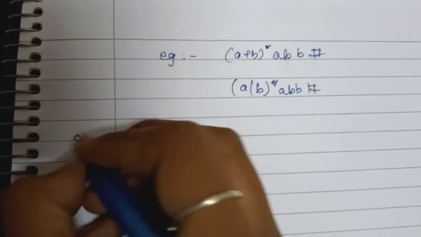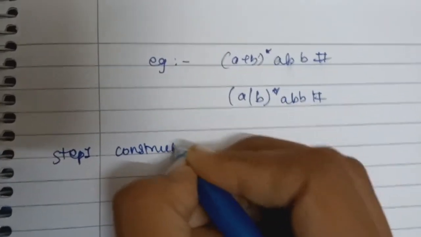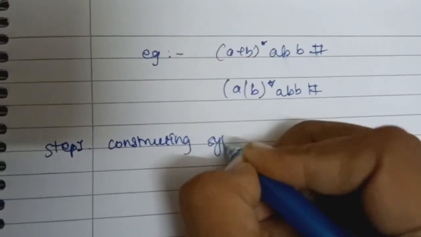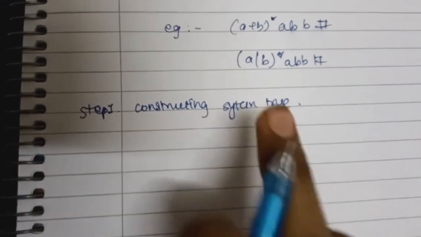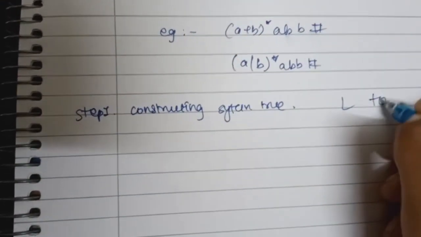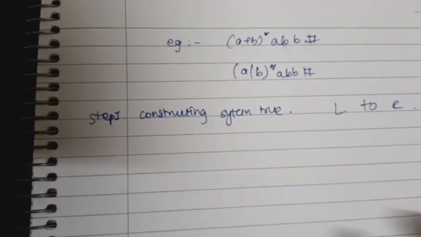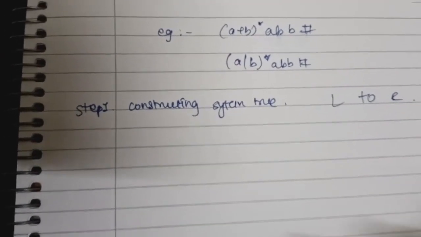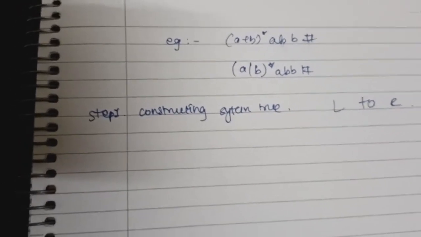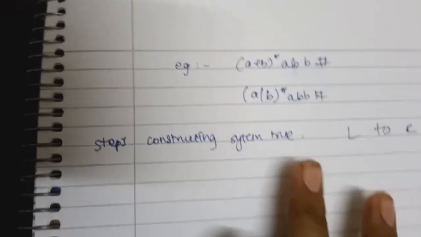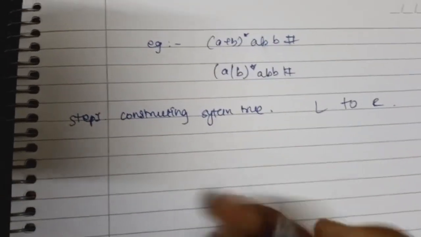Let's start with step 1, that is constructing the syntax tree. Here the syntax tree is constructed from left to right. Don't use this logic while constructing leftmost derivation and rightmost derivation trees. We'll discuss that in the parsing chapters, but the technique used here to construct the syntax tree is different.